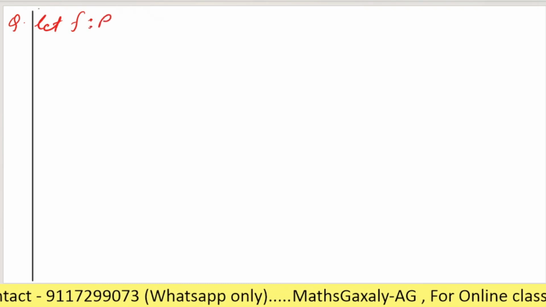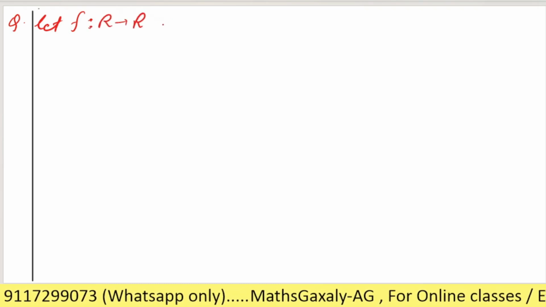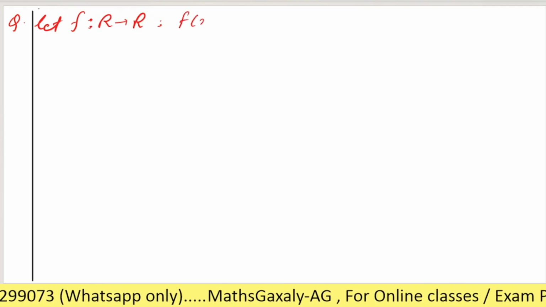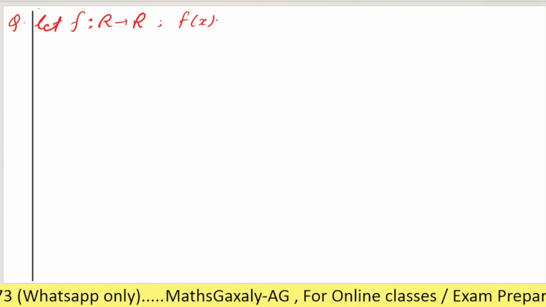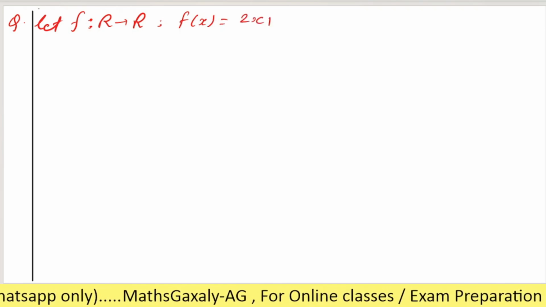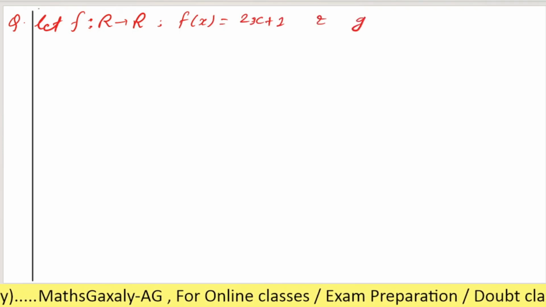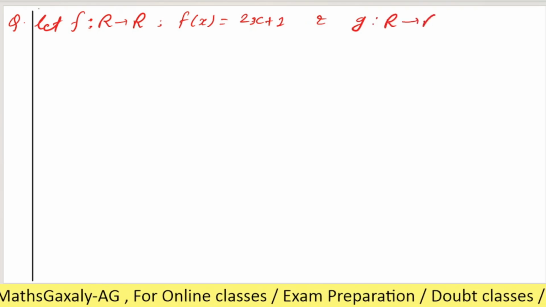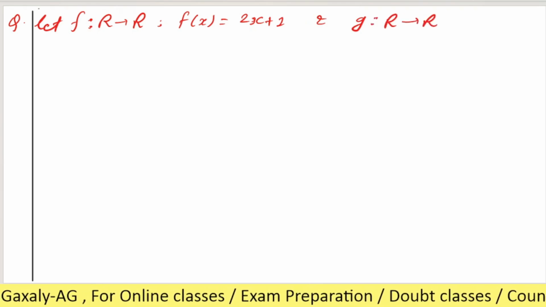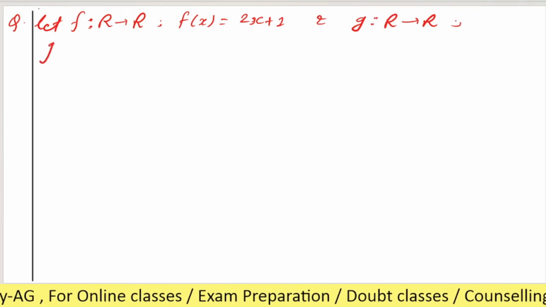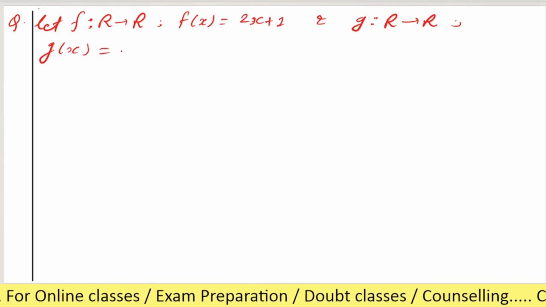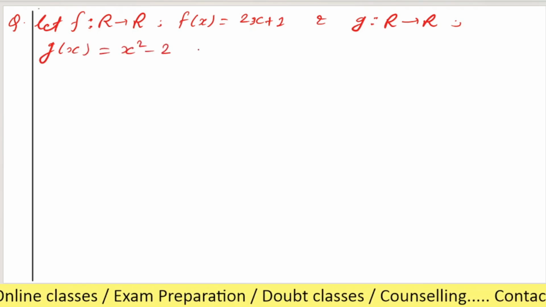It says let a function f from R to R, R to R means real number to real number, rational numbers, sorry, real numbers. f(x) is equal to 2x plus 1, and a function g again from R to R, that is g(x) equal to x square minus 2.